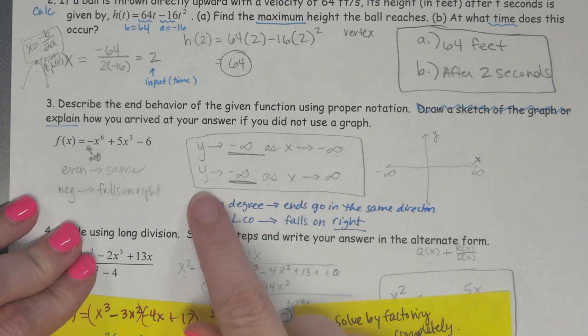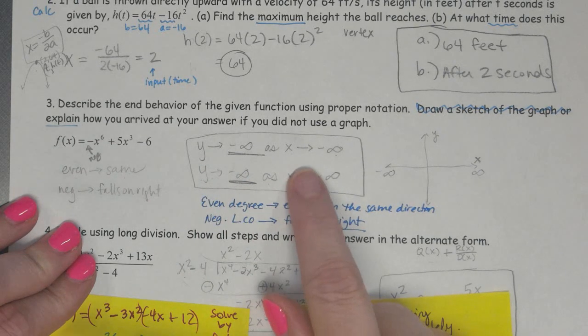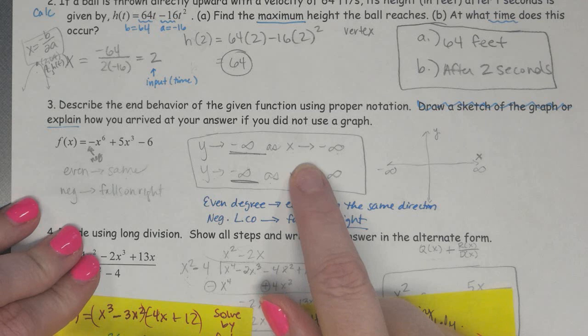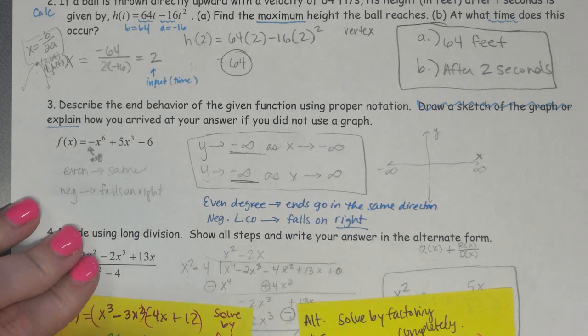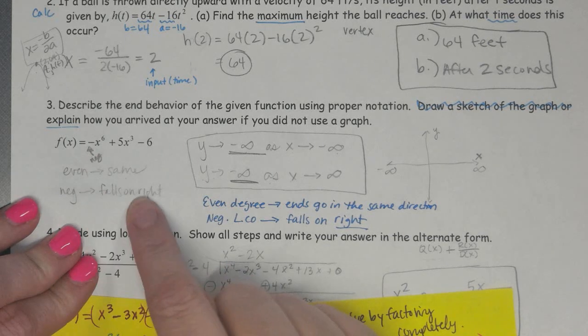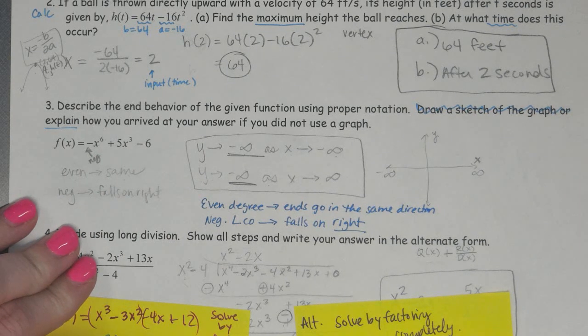The order of those two, like if you did the positive infinity first, that would be fine. It's just if there's an even degree, it's the same. They're going in the same direction. And if it's a negative coefficient, it falls on the right. So if it's an odd degree, they would go in opposite directions. And then if it's a positive leading coefficient, it would rise on the right.